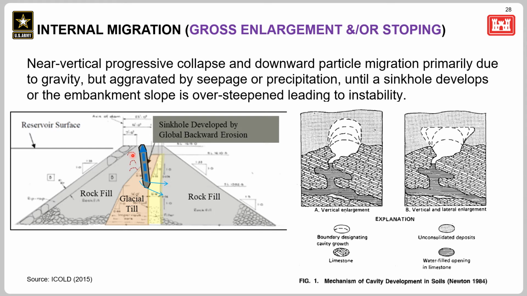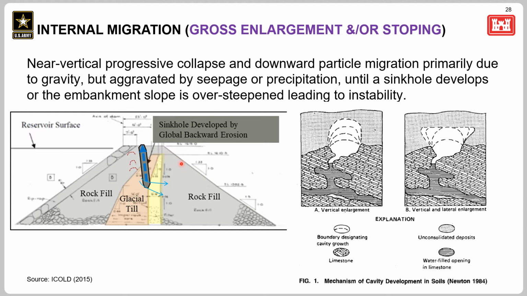This process can also be aggravated by seepage or precipitation, and usually manifests in a sinkhole that makes its way to the surface, or an over-steepened slope if the process is occurring on the downstream or the upstream side. For this process, there's really no need for a cohesive soil to form a roof for the opening or the pipe. This is how internal migration differs from backward erosion and piping.